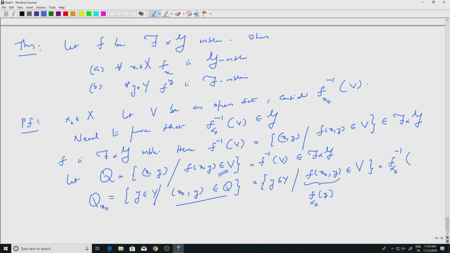So this is f sub x naught inverse of V, but Q sub x naught is a section of Q, which is measurable, and so this belongs to script G, which is what we want to prove. So, measurability: this is an extremely trivial, straightforward exercise, because sections of measurable functions will be measurable. That is a trivial assertion.